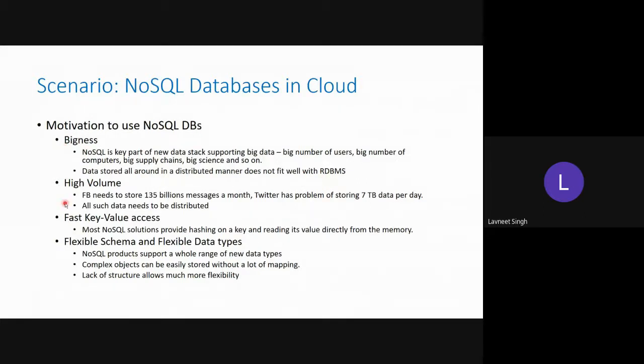Meaning now, bigness and high volume, these two things are there definitely, but more likely than not, you are not going to hit them because not many companies have this kind of data coming in. Still, RDBMS is used like anything.